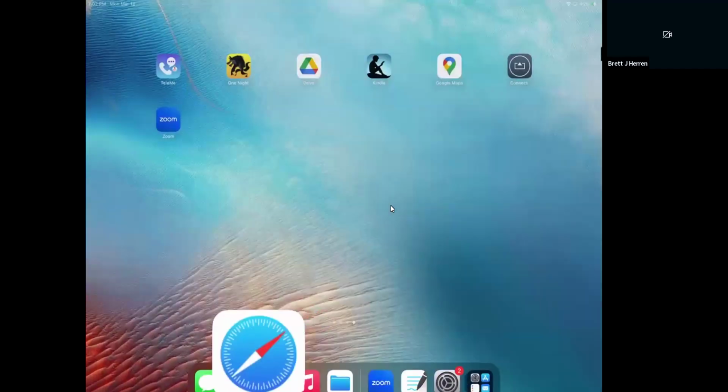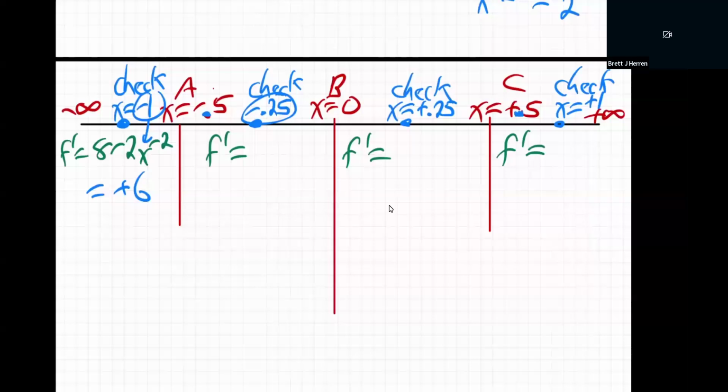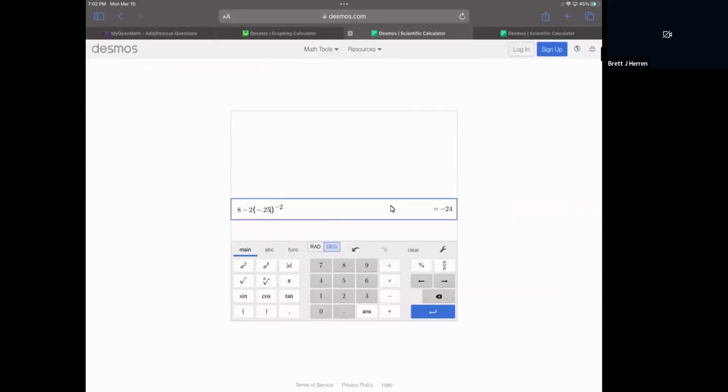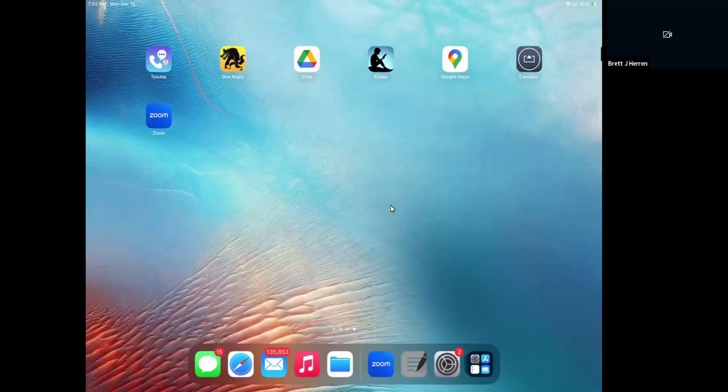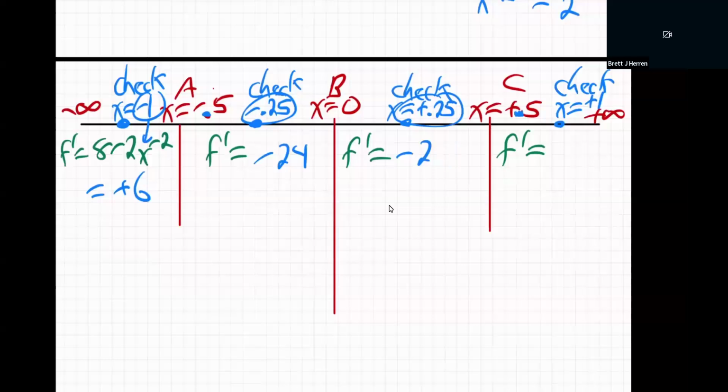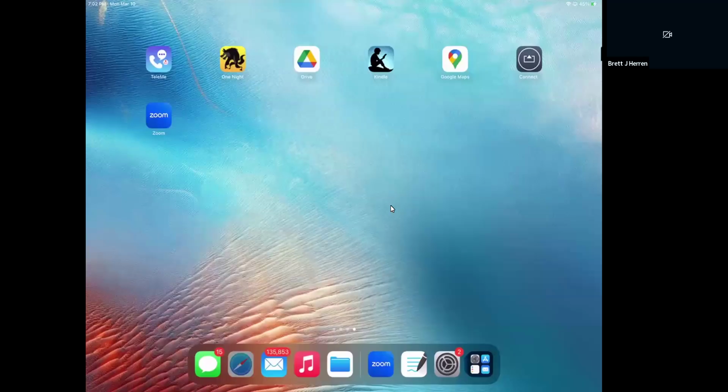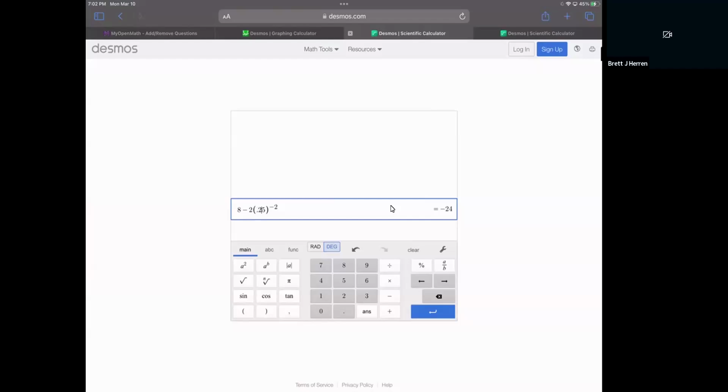Got negative 24. Now I'm going to plug in positive 0.25. Negative 24 again. Same-o, same-o. And then positive 1, get 6.